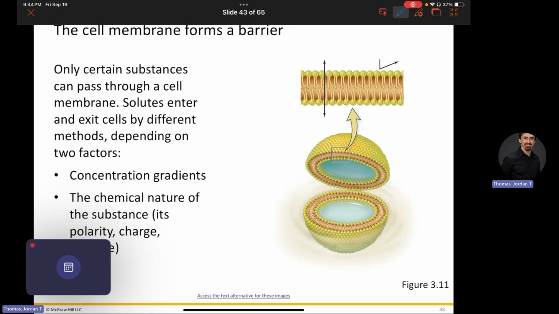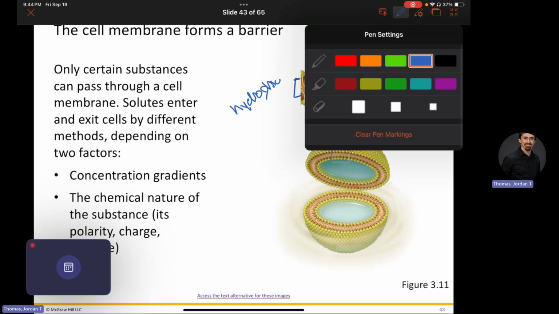So the cell membrane forms a barrier. Only certain substances can pass through the cell membrane at a time. And that's because of this inside, like we said, being hydrophobic, not wanting water. Solutes can enter and exit the cell by different methods, depending on two factors. And these are going to be important to keep in mind.